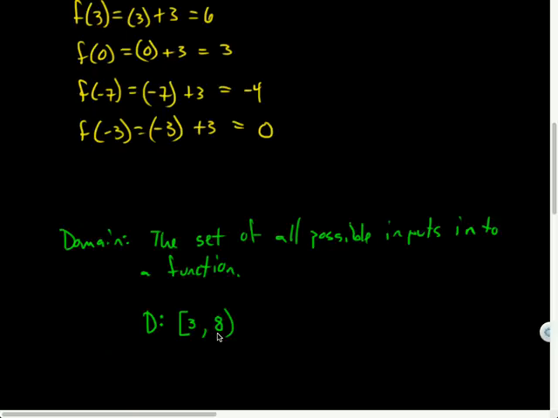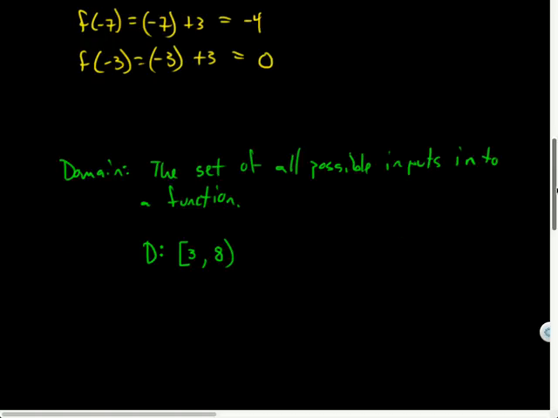A square bracket indicates that it includes the 3. So it's 3 all the way up to 8, and the closed parenthesis in this case means it includes everything up to 8, but not 8 itself. So that's one way you could represent domain.